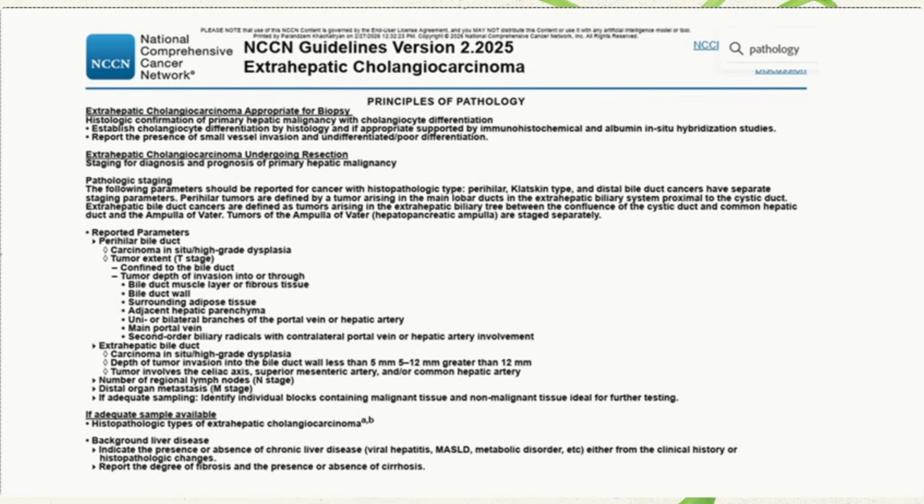For example, we have to report tumor extent, depth of invasion into or through the bile duct muscle layer or fibrous tissue, bile duct wall, surrounding adipose tissue, adjacent hepatic parenchyma, main portal vein, etc. This outlines the importance of strict macroscopic evaluation.